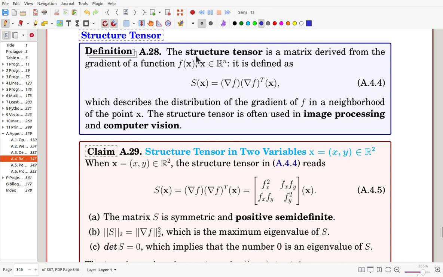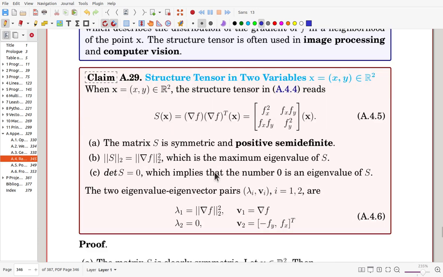The structure tensor is a matrix derived from the gradient of a function f, defined on R^n, and it is defined in this way. It describes the distribution of the gradient of f in a neighborhood of the point x. The structure tensor is often used in image processing and computer vision.